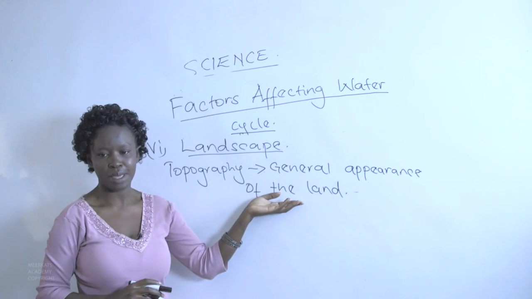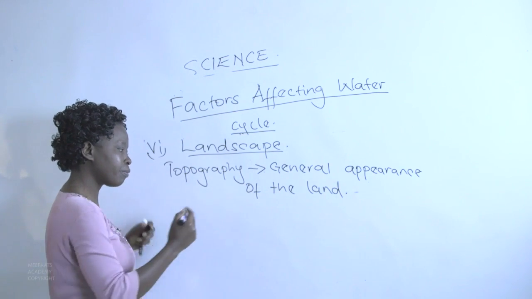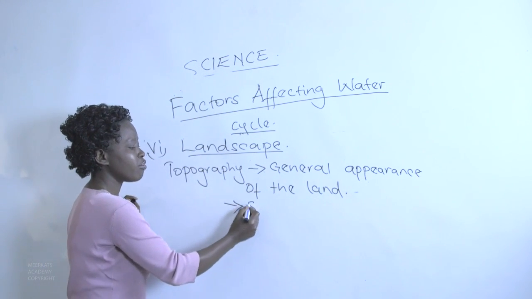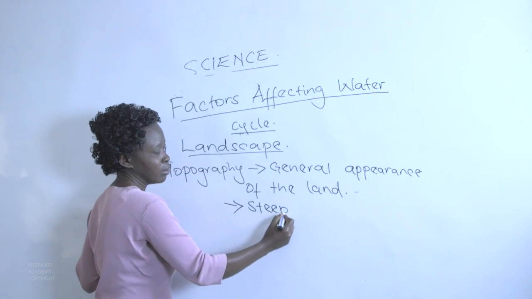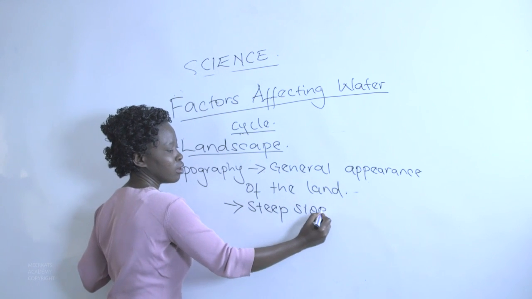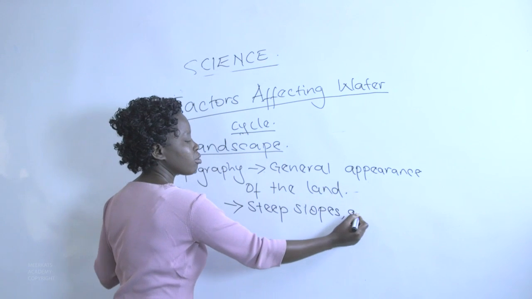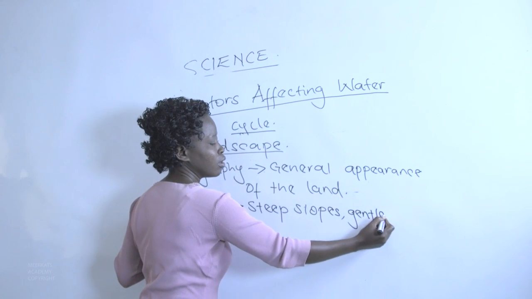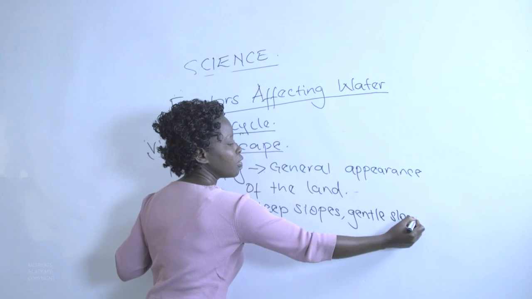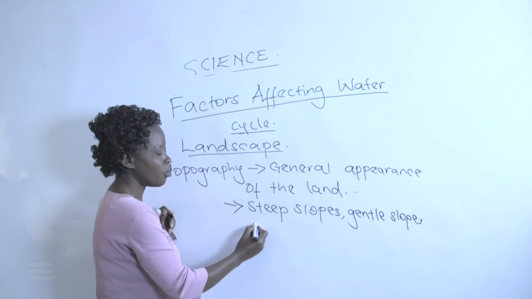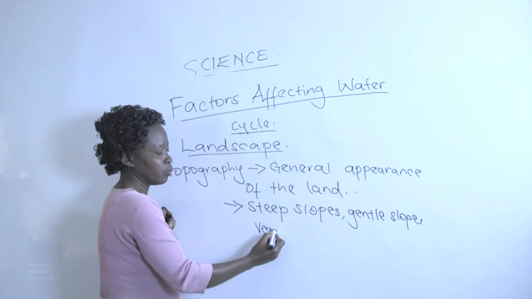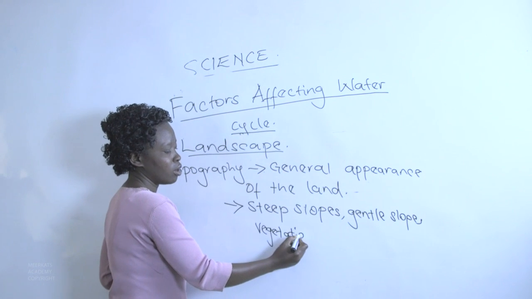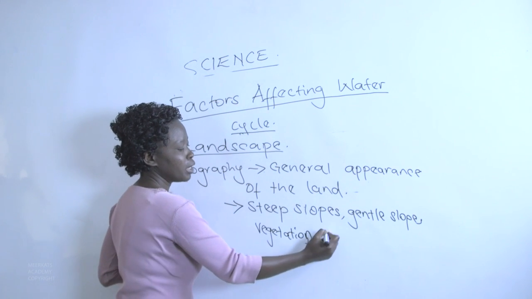How does the land appear? The land could be hilly, or we could be having very steep slopes. There could be gentle slopes. This land could be covered with vegetation, or the land could be bare.